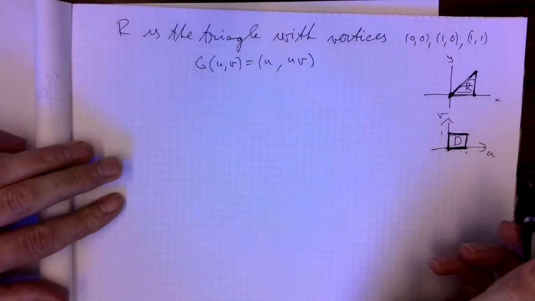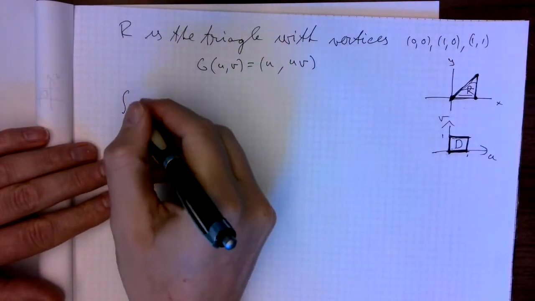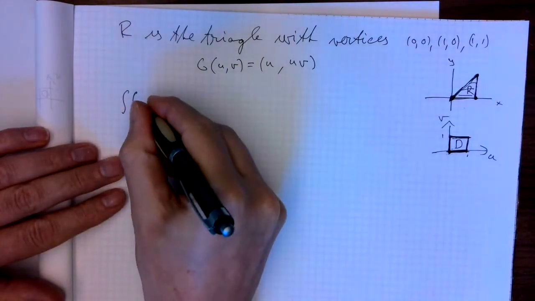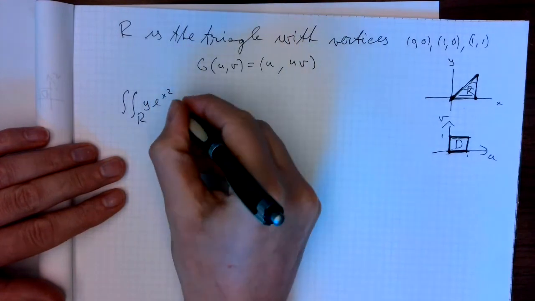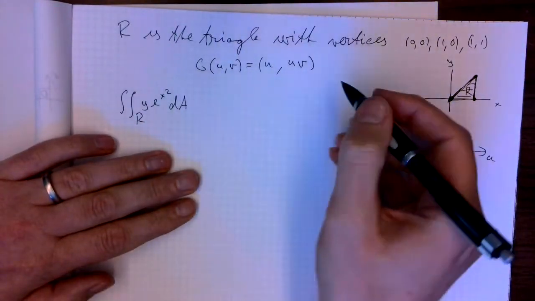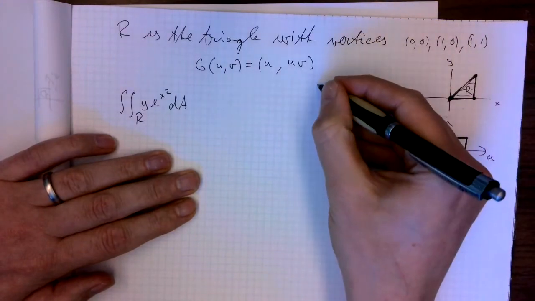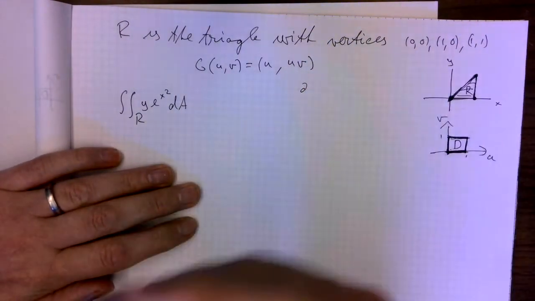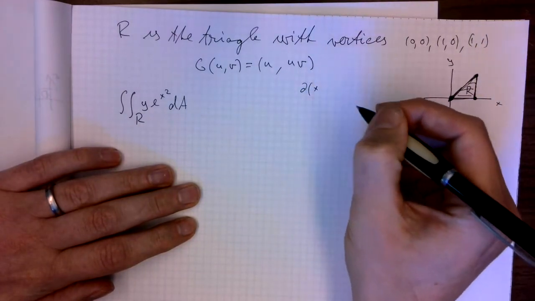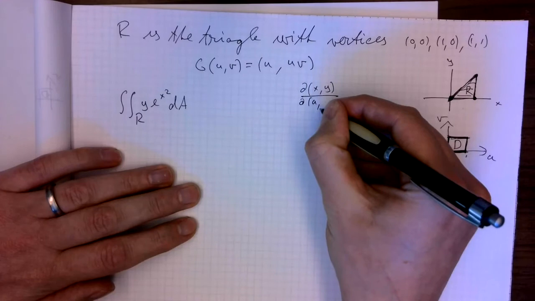All right. Okay, so now we have this, and let's integrate something. Let's integrate the function y e to the x squared dA, right? For this we have to figure out the Jacobian determinant of (x, y) with respect to (u, v).